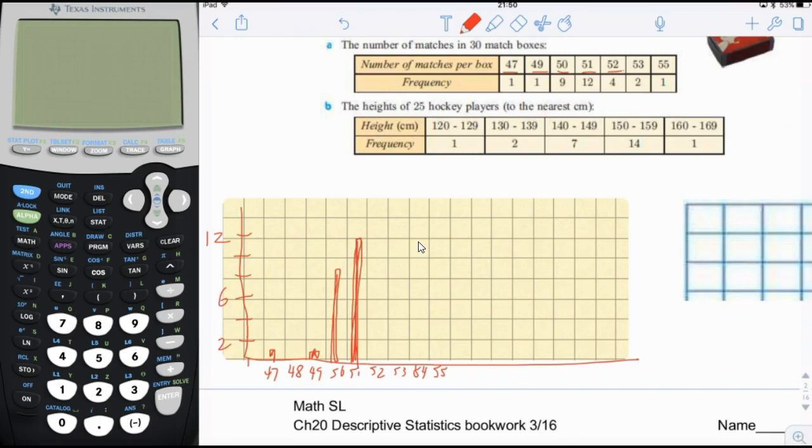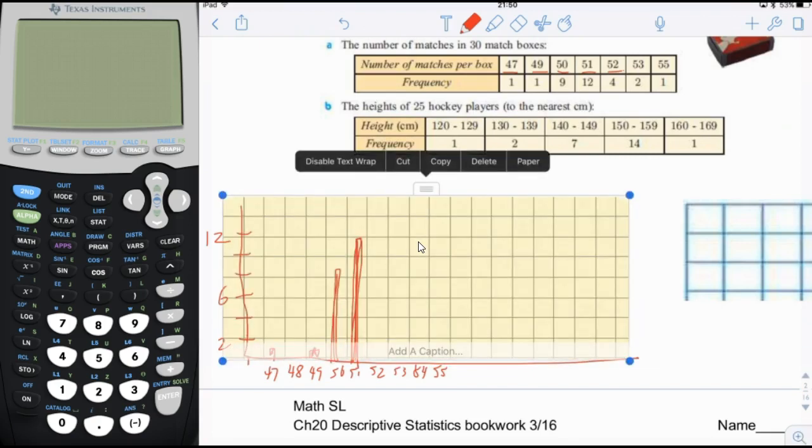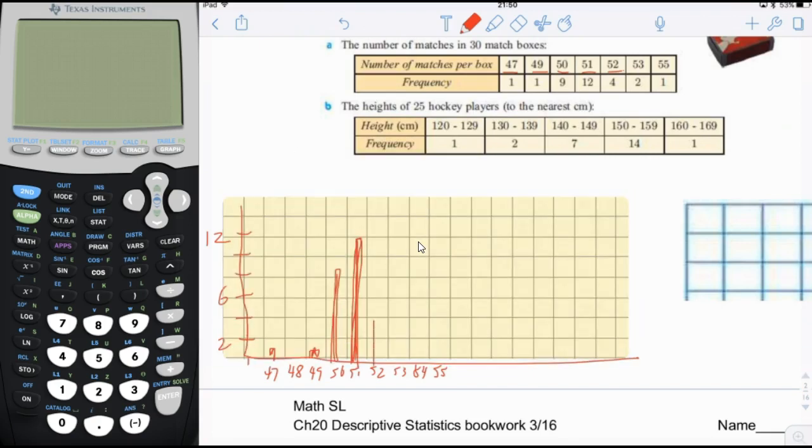And they might take off for it too, so please don't lose points for something silly like that. 52 goes up to 4. And 53 goes up to 2, and 54 has 0, and 55 goes up to 1. So the first graph looks like that. That's A, and we could put number of matches, and then here we put frequency.